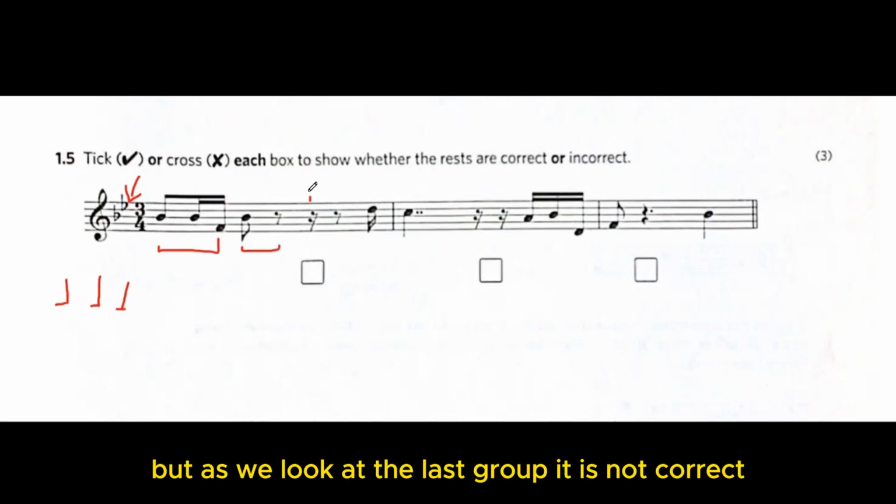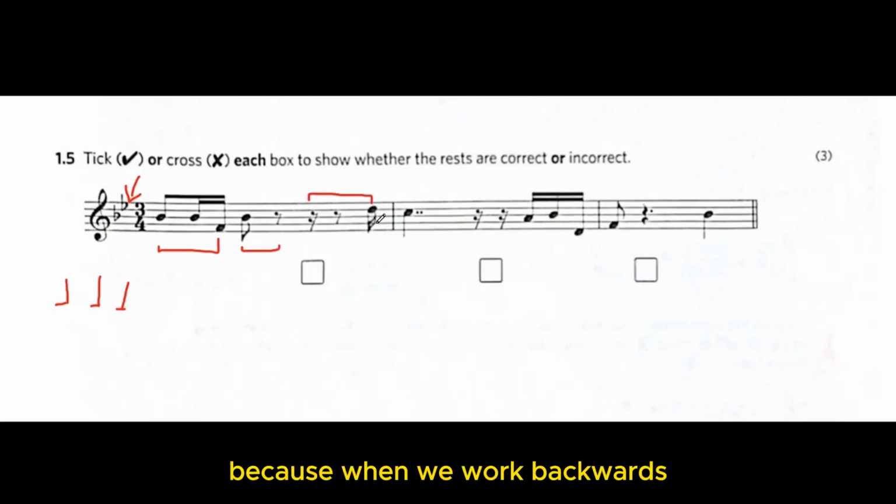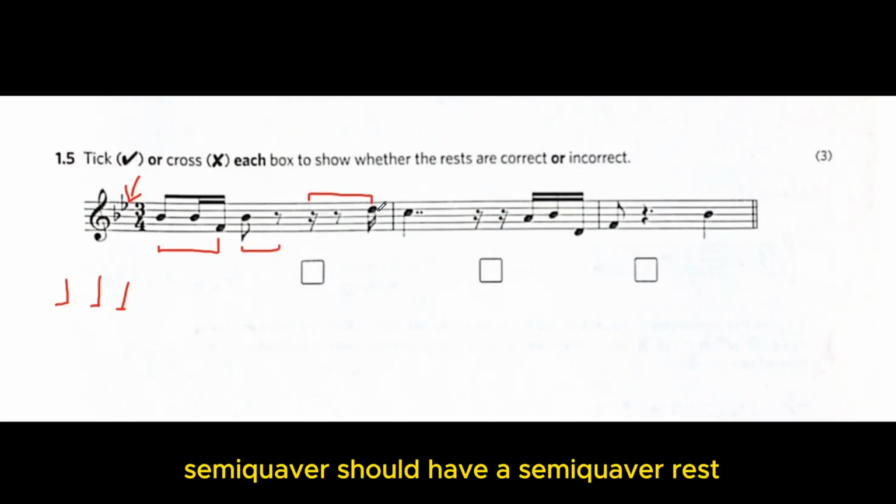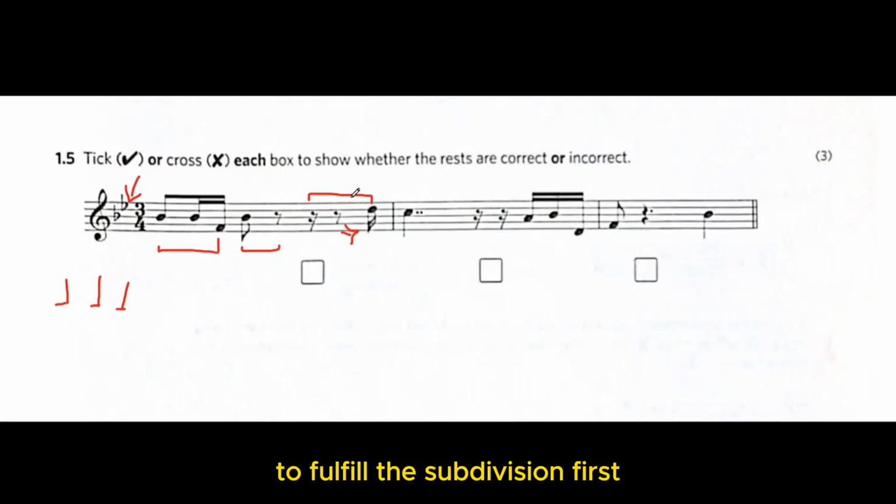But as we look at the last group, it is not correct because when we work backwards, semiquaver should have a semiquaver rest to fulfill the subdivision first. And then we insert the quaver, which is the first half of the beat, to finish the whole beat of rests. So this one is incorrect.